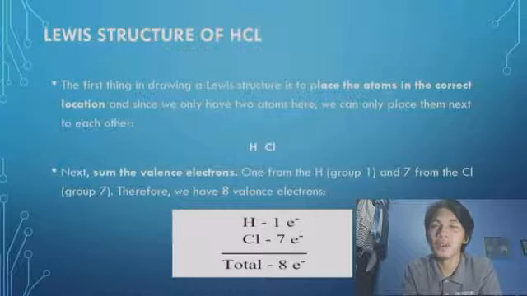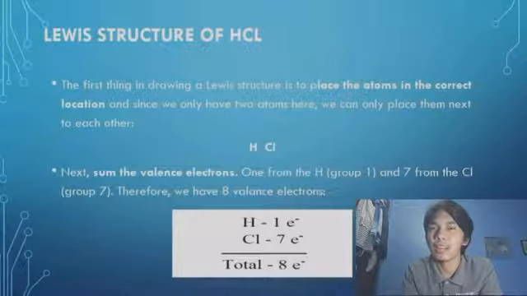Let's go over it in more detail by drawing the Lewis structure of H and Cl, or hydrogen and chlorine. The first thing in drawing a Lewis structure is to place the atoms in the correct location, and since we only have 2 atoms here, we can only place them next to each other.